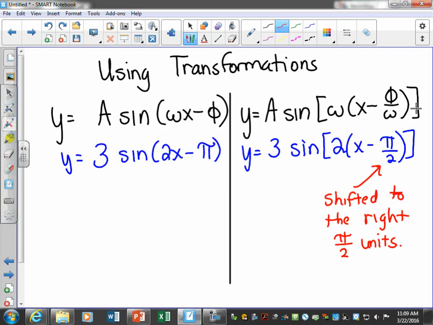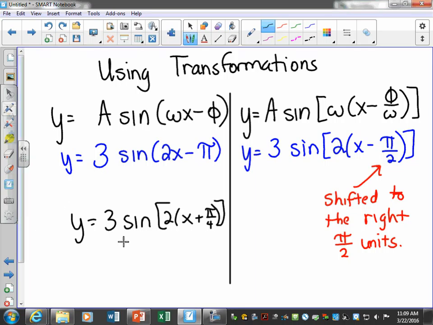So basically, if we convert our equations over to this format, it allows us to see right here in this parenthesis exactly what the shift is. Let me throw another example at you. If I had 3 sine of 2x plus pi fourths, we can see this part is isolated.